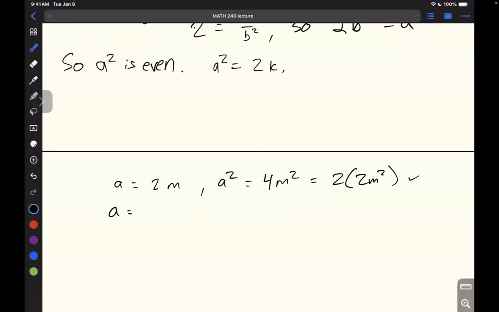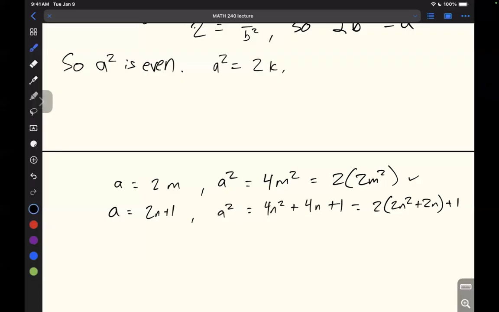If a is odd, a is 2n plus 1, a squared is 4n squared plus 4n plus 1, which is 2 times 2n squared plus 2n, plus 1.